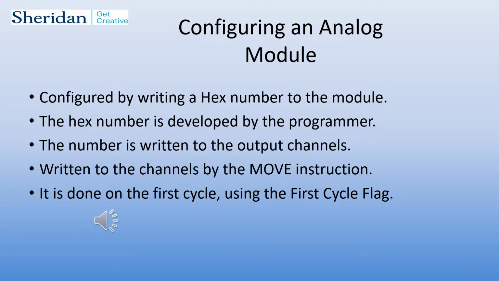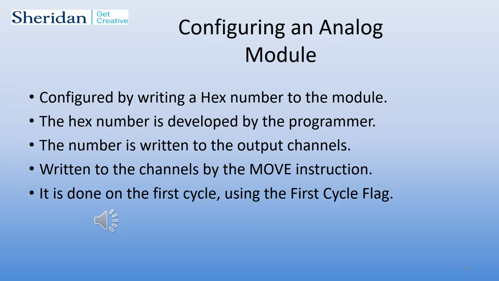Okay, so how do we tell the analog module how it's supposed to react to things in the real world? Well, we have to configure it. These modules are configured by writing a hexadecimal number to the module itself. We create the hexadecimal number by a procedure set forth by the manufacturer.